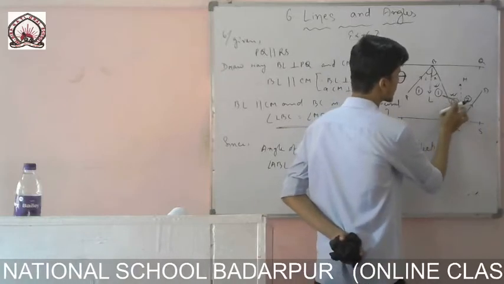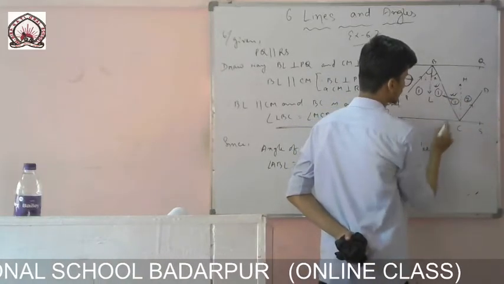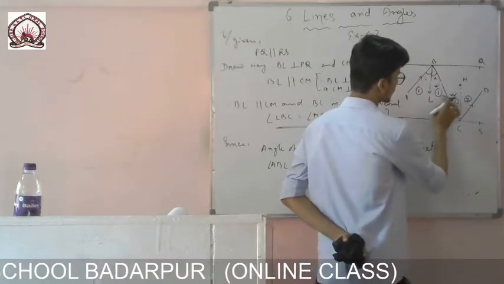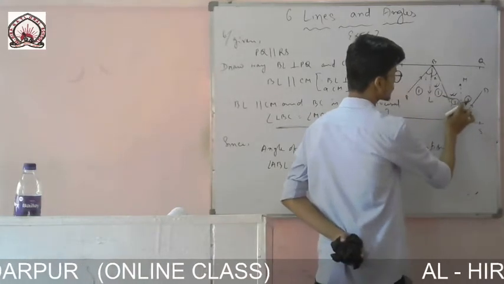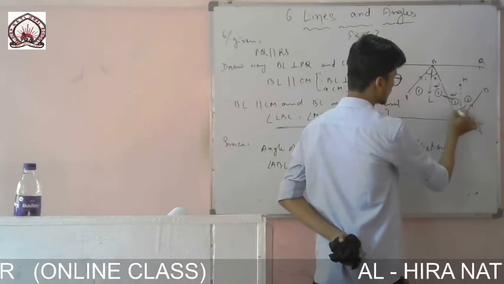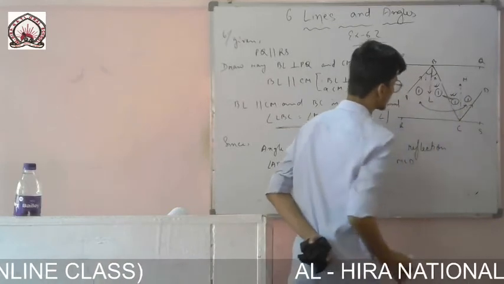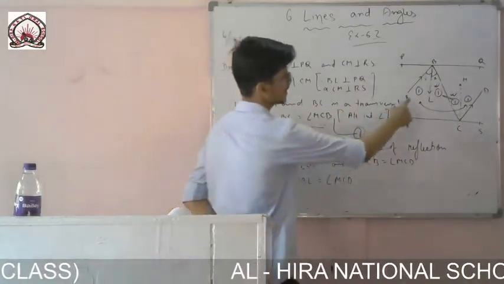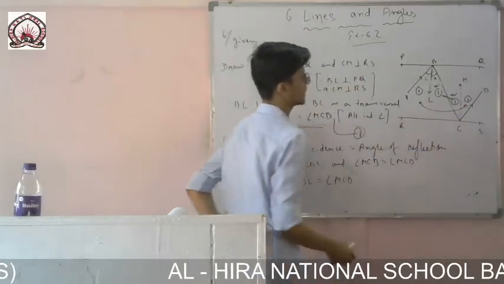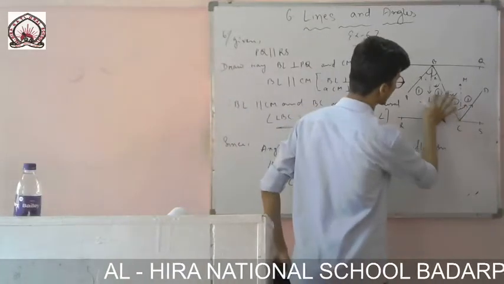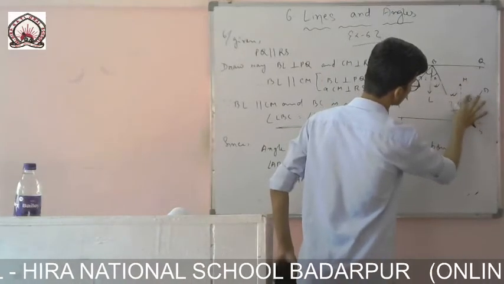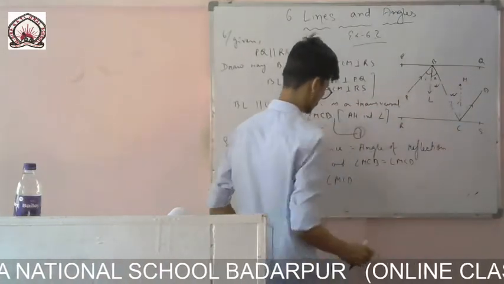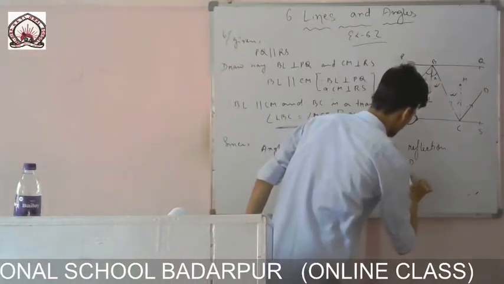So if these two angles are equal, then this one and this one are the same, and so this angle will be equal to that angle. So this one you give as 2.